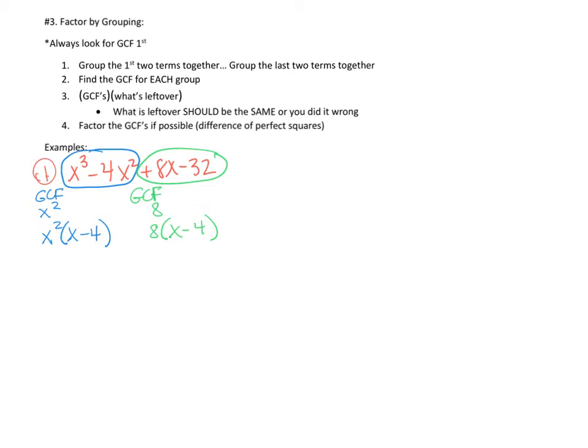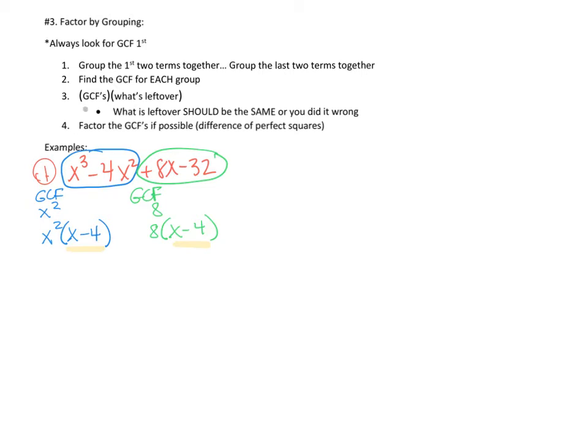Okay, so now I'm going to bring it back together. And what I should notice, if I've done this correctly, is that what I have inside of those parentheses should be exactly the same. If it is not, I either have factored it incorrectly or it's not factoring by grouping, okay? So if what I have inside those parentheses is the same, then I've done it right, and I'm going to now write my answer.